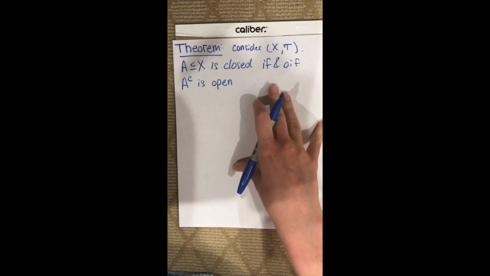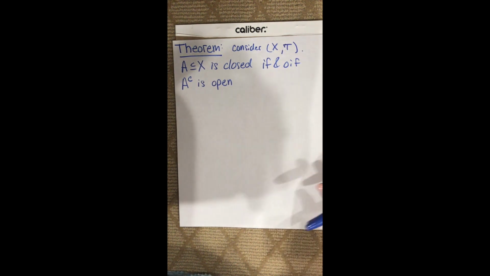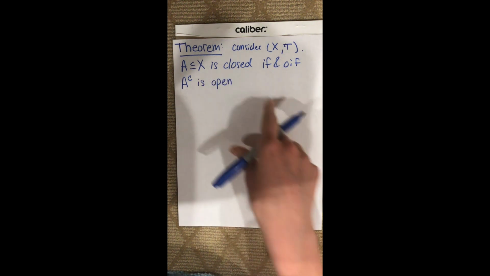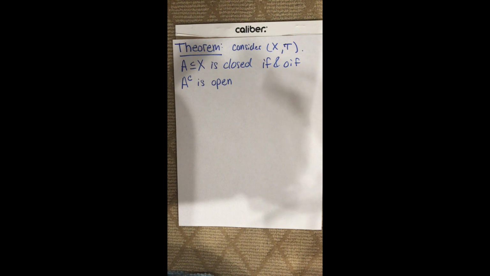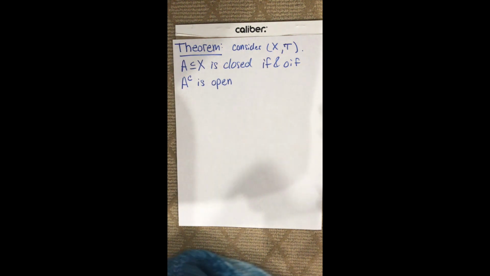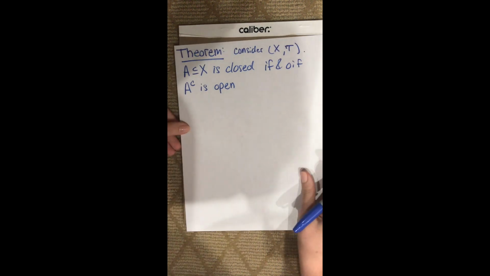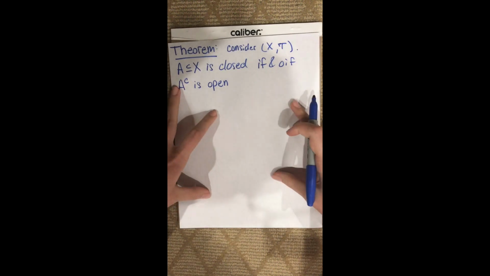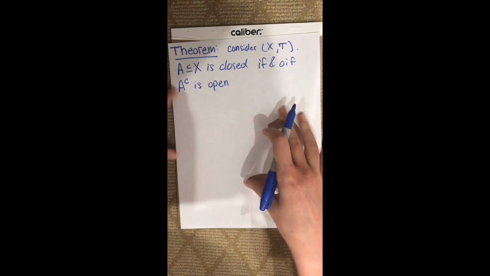This theorem is foundational because even though we can't say that the opposite of closed is open in a topology, we can say that if a set is closed, then its complement is open. It relates closed and open in a really great way because they weren't related before this theorem. It's going to be used a lot in later topology, so if you can understand this theorem, you're going to understand a lot of topology proofs.